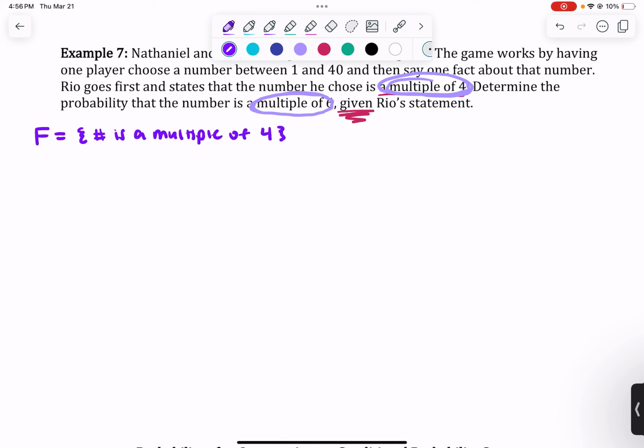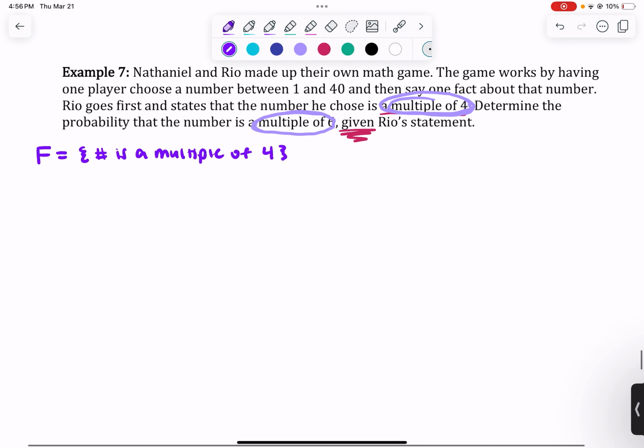And we're going to be doing some different things in this question because if you noticed, we didn't actually see any probabilities in the question. So we have to figure that out. Knowing that's coming, I'm going to write my next set immediately next to it. I'm going to call it S because the next one is the number is a multiple of 6.